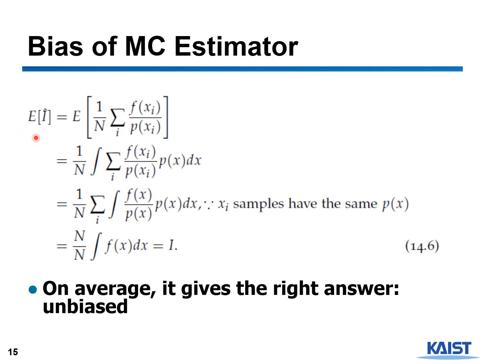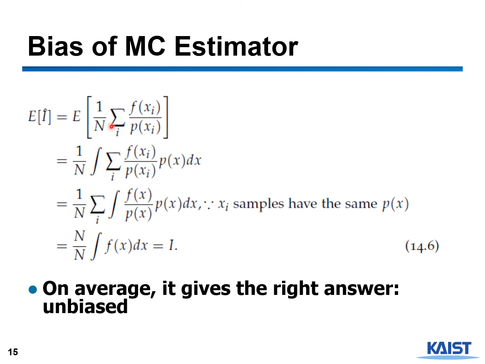Here I'd like to compute the average bias, basically the average of our estimator. This is nothing but our secondary estimator, which looks like this: 1 over n summation of f of xi divided by p of xi, where xi is the ith random sample.